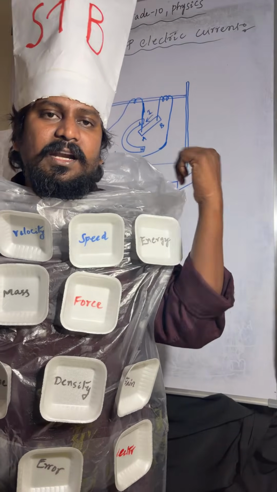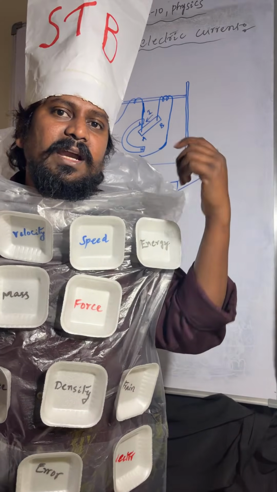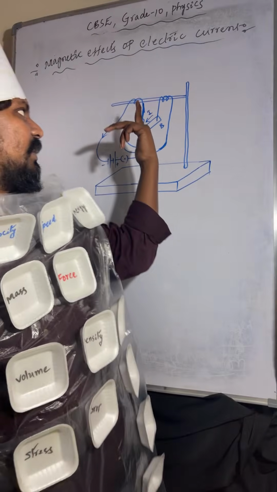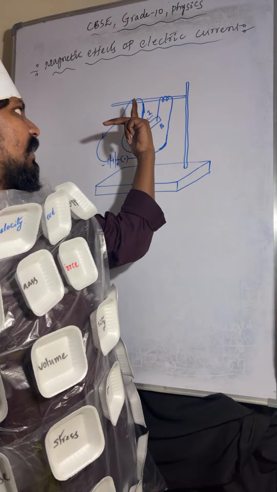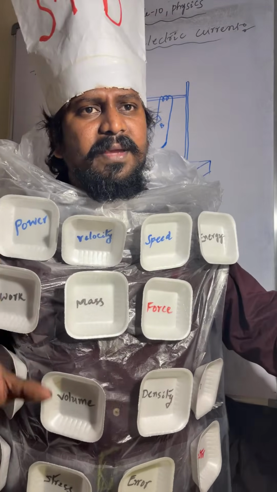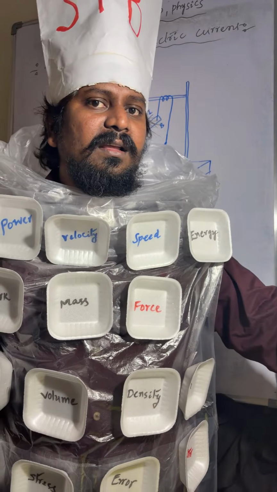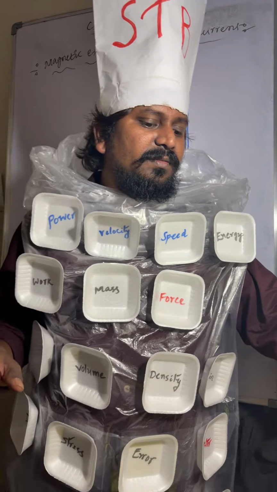The thumb is showing into the board, so the conductor will move into the board. Understood? I hope it is very clear. So this is about Fleming's left hand rule. Clear? Understood? That's enough.